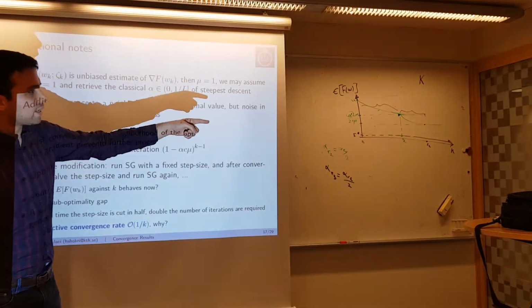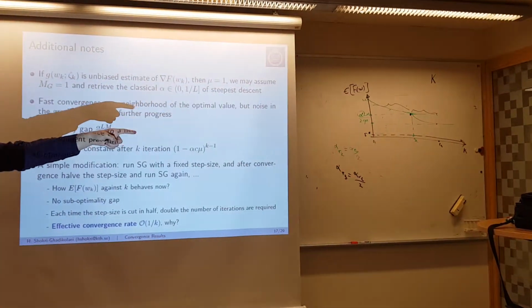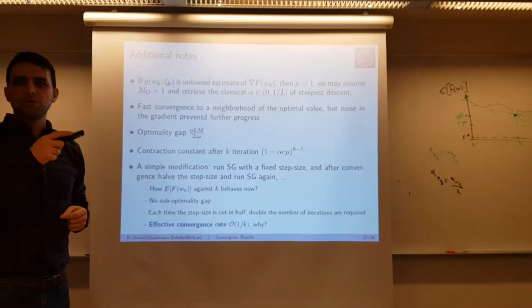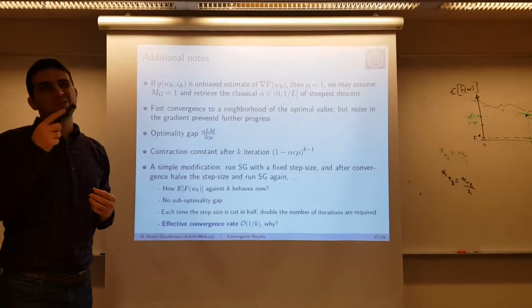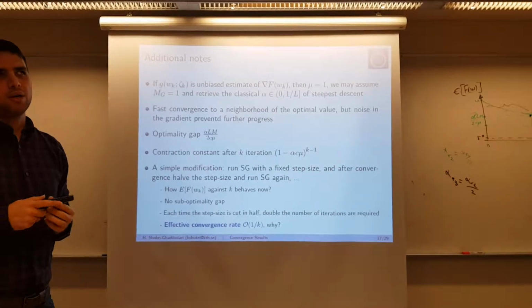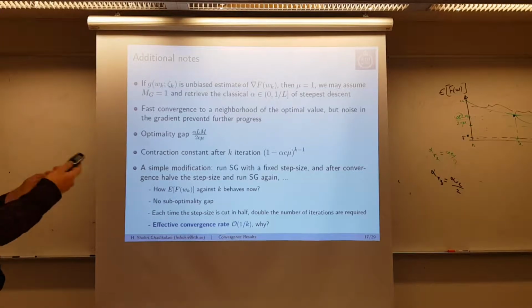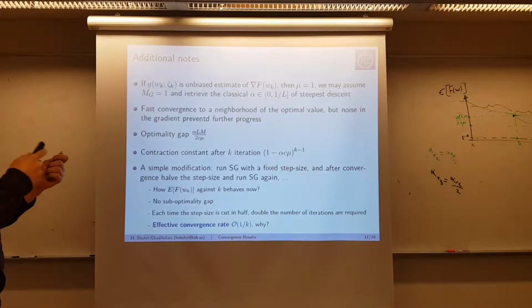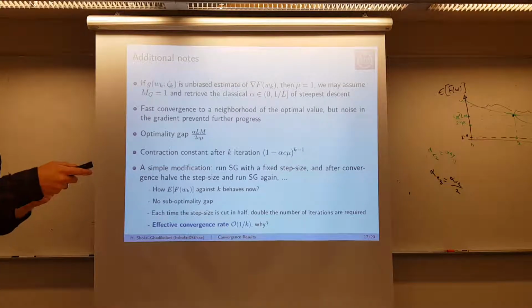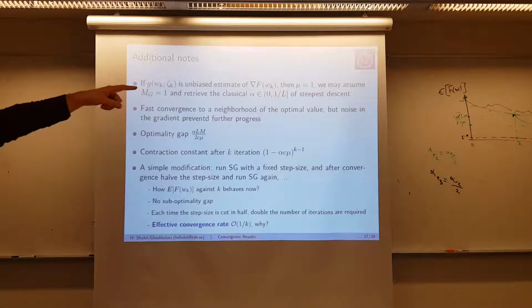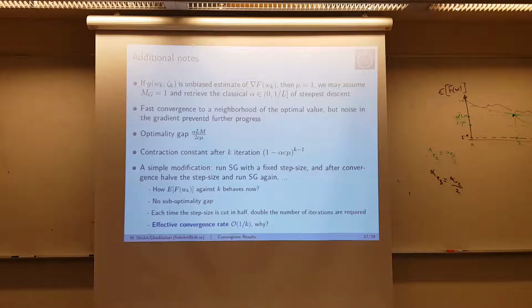Now you can count the whole number of iterations, which would be the summation of 2 to the power R1, 2 to the power R2, 2 to the power 2R2, 2 to the power 4R3, and so on. And then you can see how many iterations you need to have convergence: that would be a sublinear convergence rate, O of 1 over K. So it's a very simple modification that we can have.